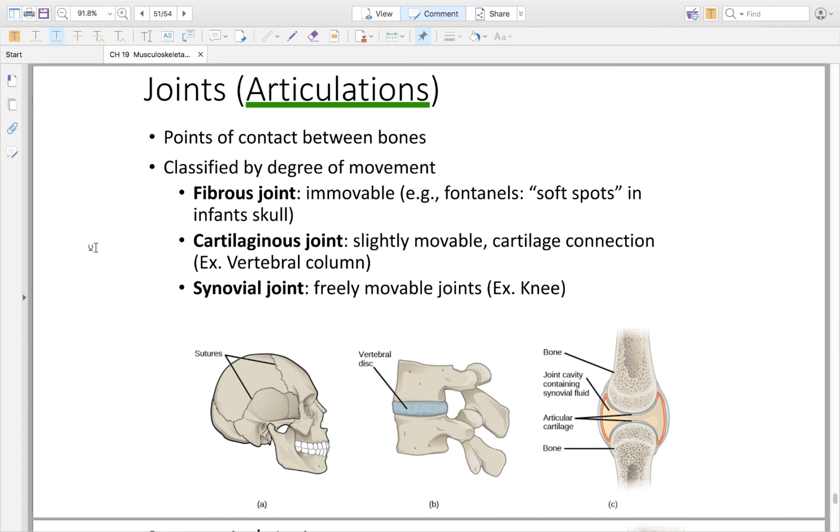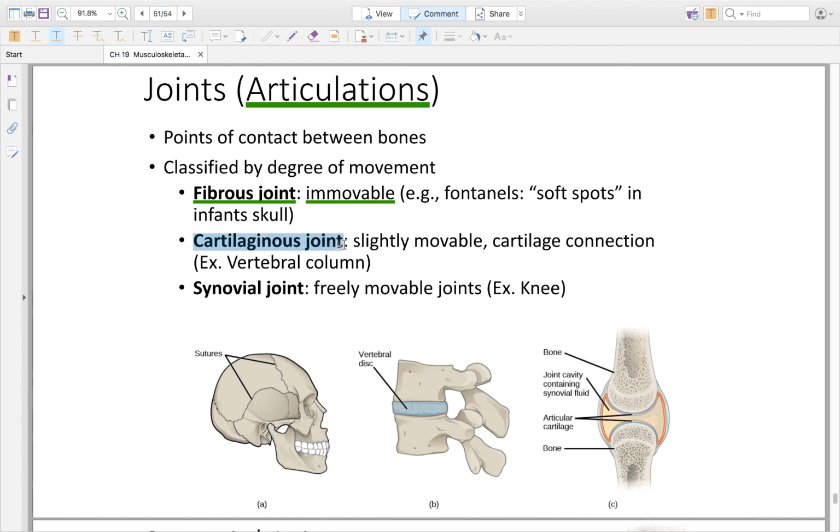Okay, now there are certain joints called fibrous joints which are completely immovable. Okay, an immovable joint is the pubic symphysis. You cannot move that. Inside of our skull, we have joints where those lobes connect. Those are called sutures. These are joints. You can't move that either, right? Of course not. Okay, so that's easy enough.